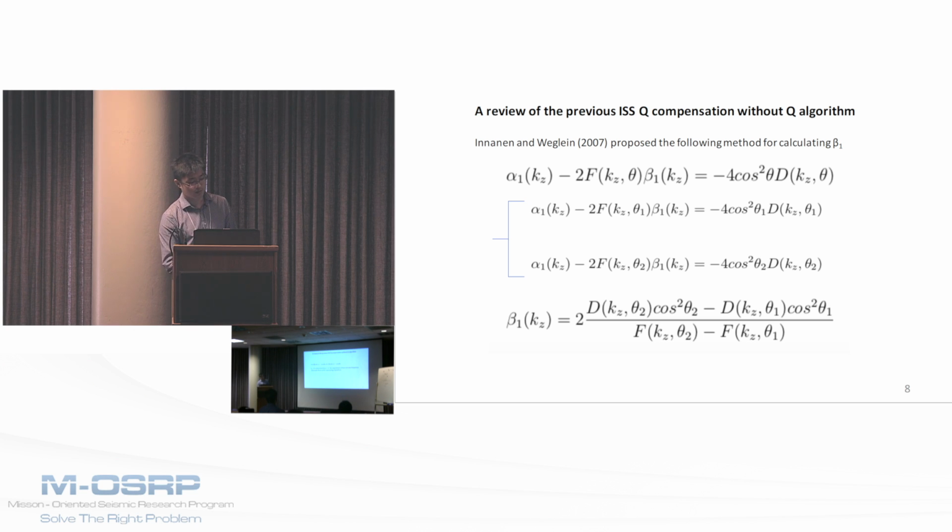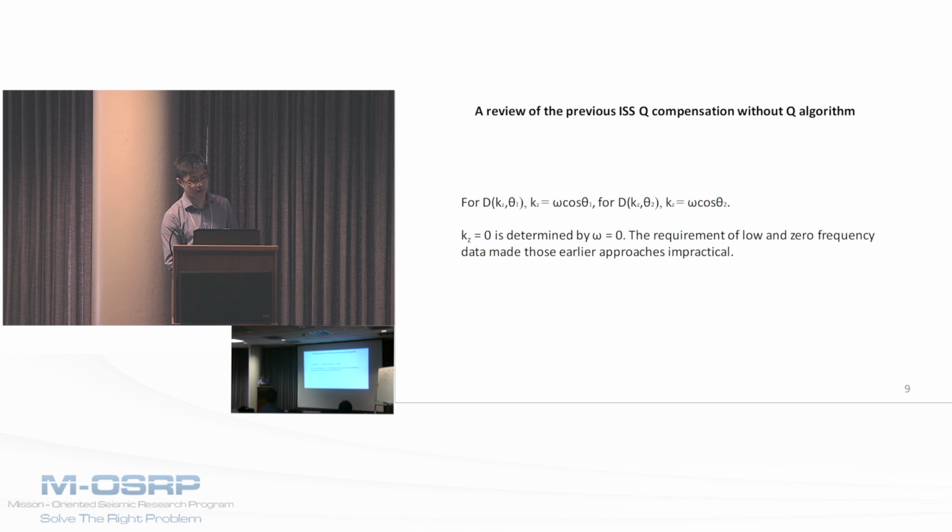For the data at two different incident angles, theta 1 and theta 2, in both cases the vertical wave number is omega times cosine theta 1. And no matter which theta 1 you choose, kz equals 0 is determined by omega equals 0. So the requirement of low or zero frequency data made this earlier approach impractical.